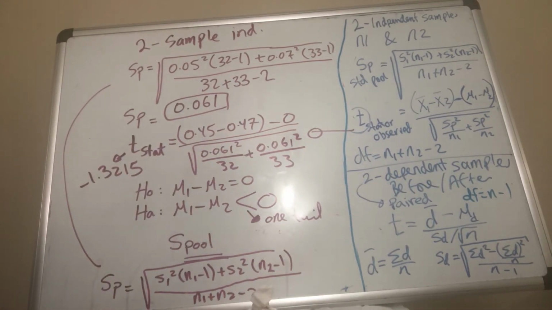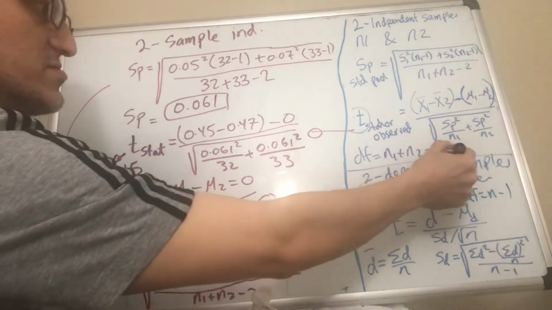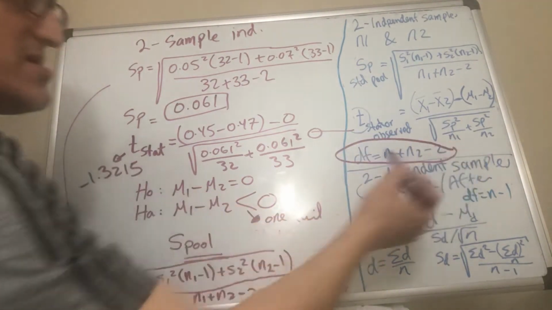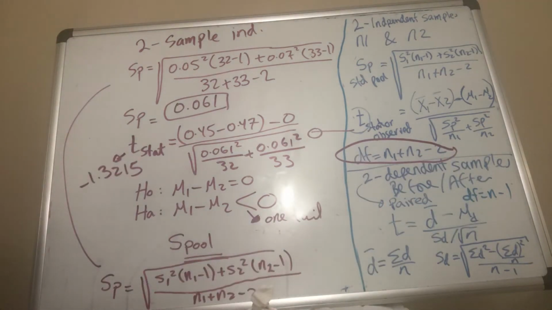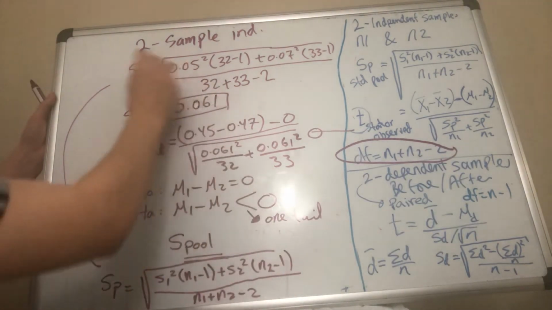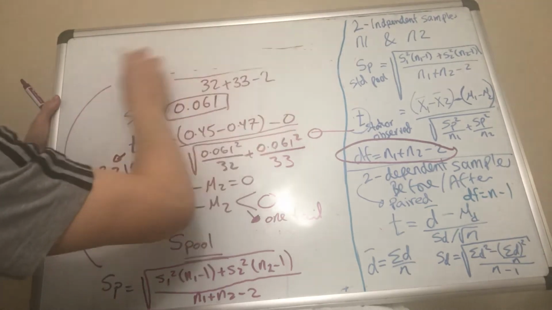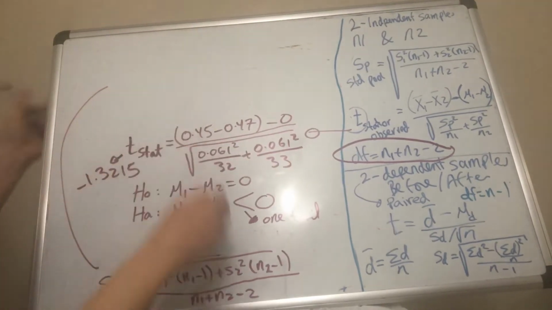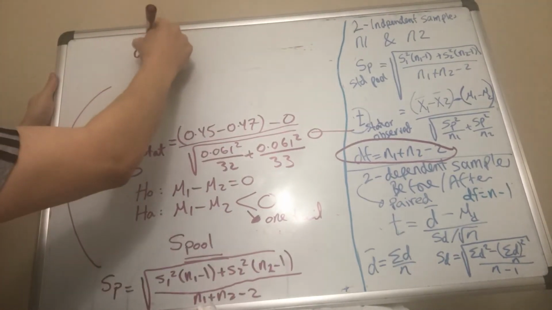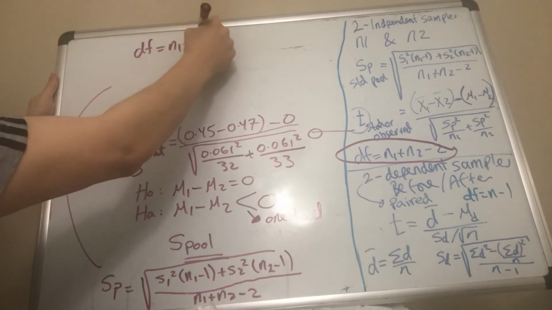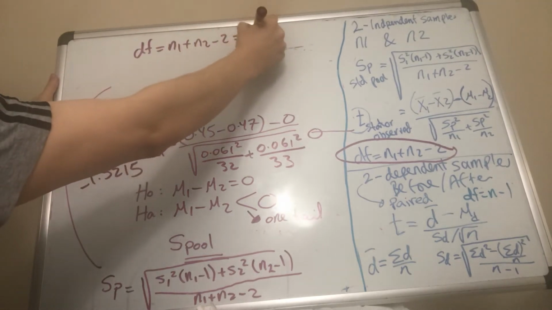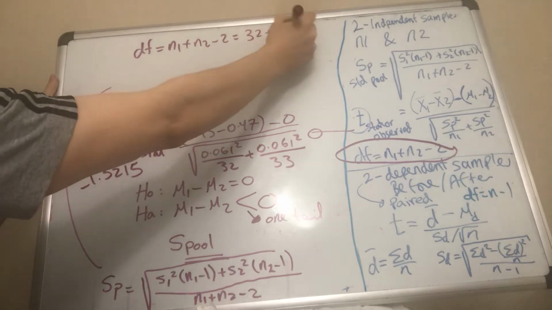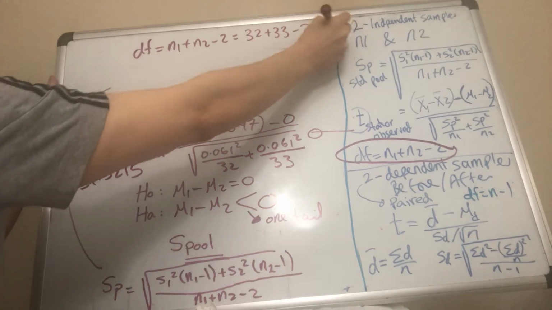After this, they ask for the degrees of freedom. I also told you here what the degrees of freedom is for this case. So I'm going to erase some of this. Degrees of freedom is sample 1 plus sample 2 minus 2, 32 plus 33 minus 2 is 63.